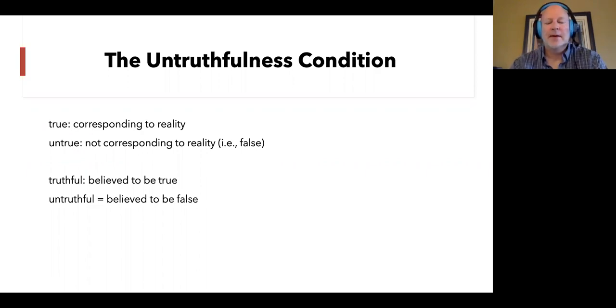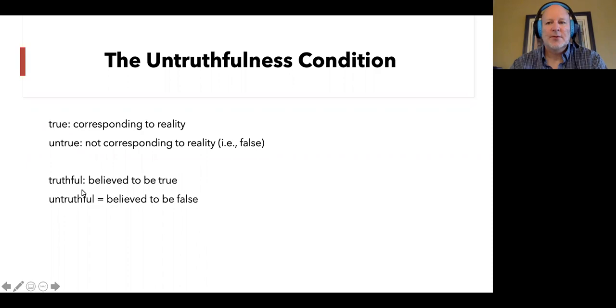Remember that according to the correspondence theory of truth, to say that a proposition is true is just to say that it corresponds to reality. It matches reality. And to say that a proposition is untrue or false is to say that it doesn't match reality or doesn't correspond to reality. So again, this is a distinction that you should already be comfortable with.